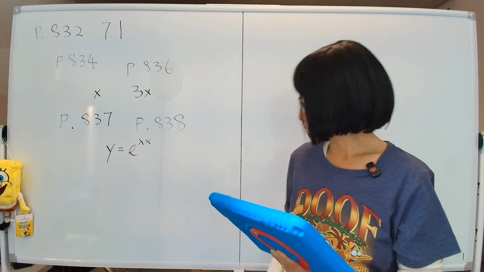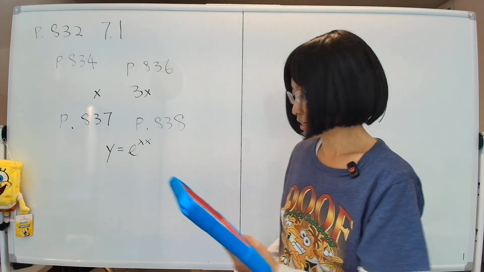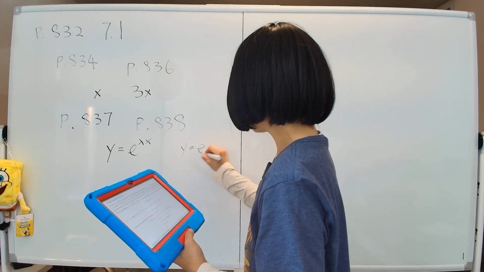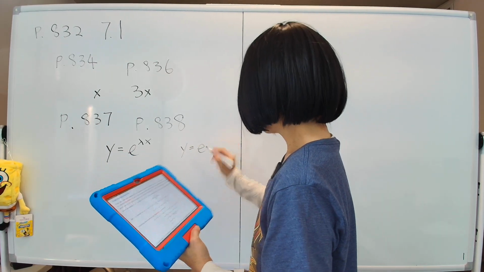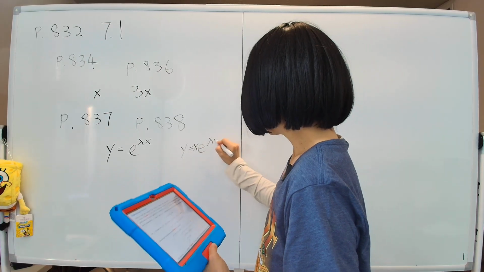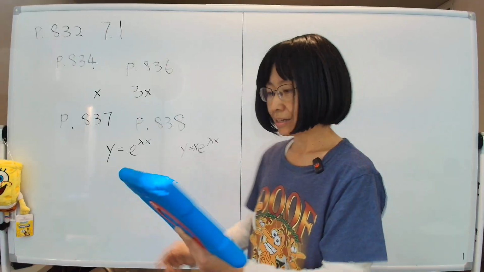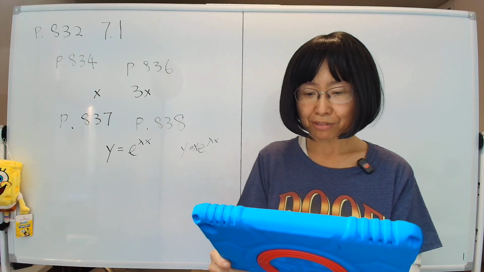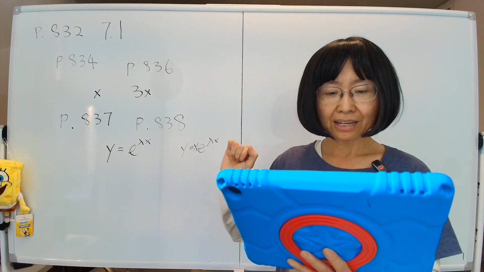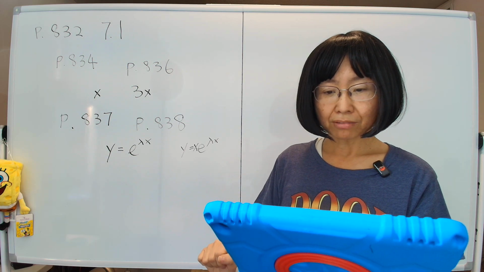So we're going to consider the next thing: y equals x e to the lambda x. If we do that, we notice that if you plug it in, it also works.